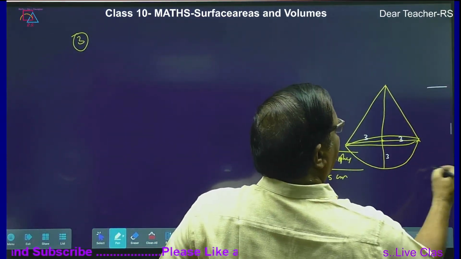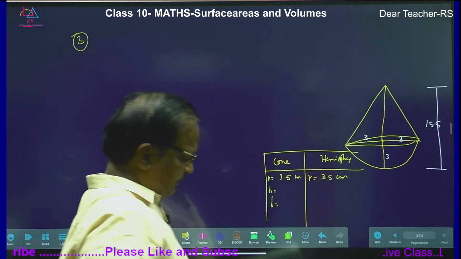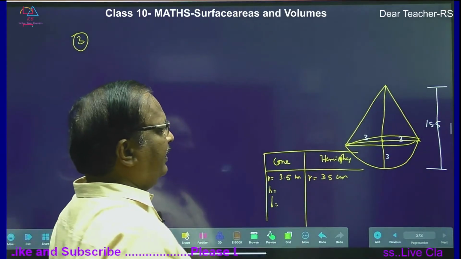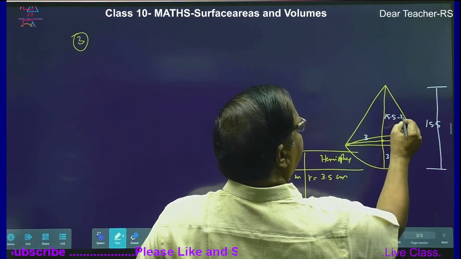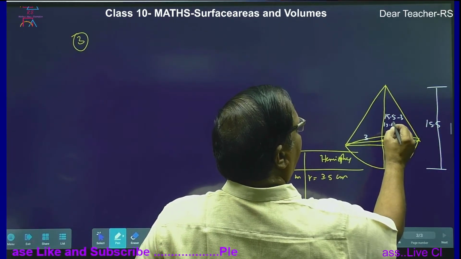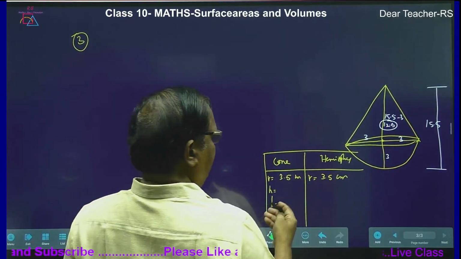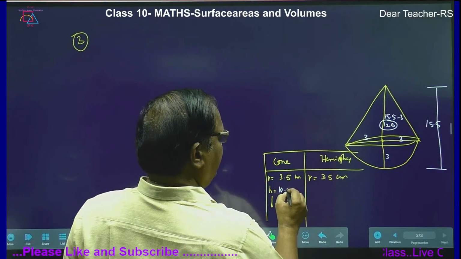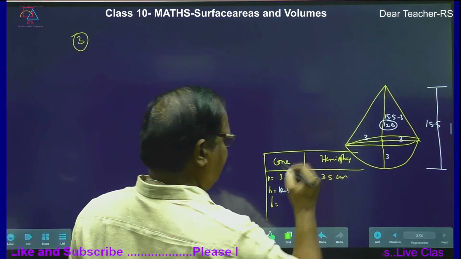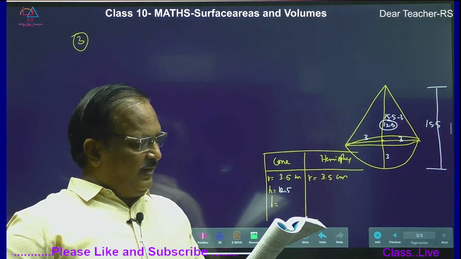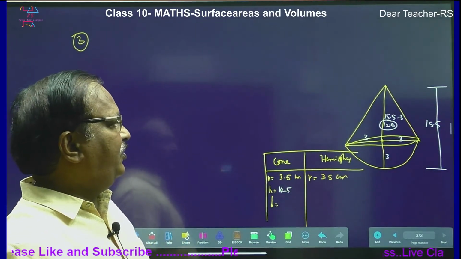Total height is this one. This is 15.5, and already this is 3.5, and this is nothing but 15.5 minus 3.5 is equal to 12. This is the height of the cone. So height of the cone is 12. Find the total surface area of the toy.